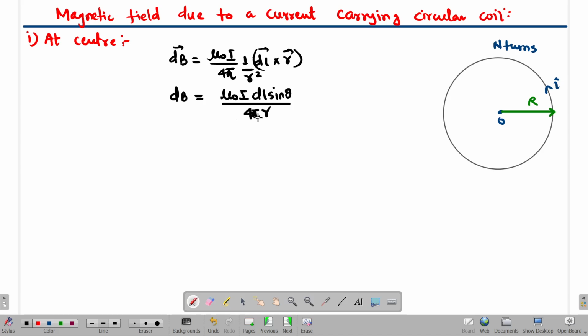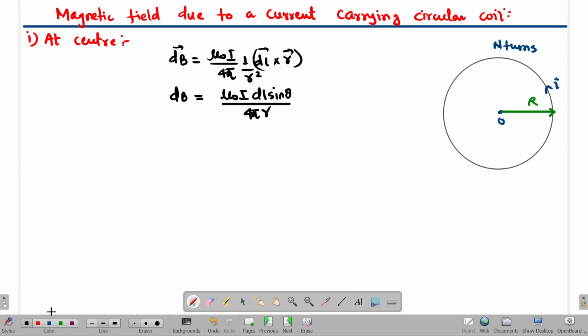Now look over here. Why is there a problem over here? I know my magnetic field dB is mu naught I dl sine theta by 4 pi r square. This is mu naught I by 4 pi, 1 by r square, dl cross r.